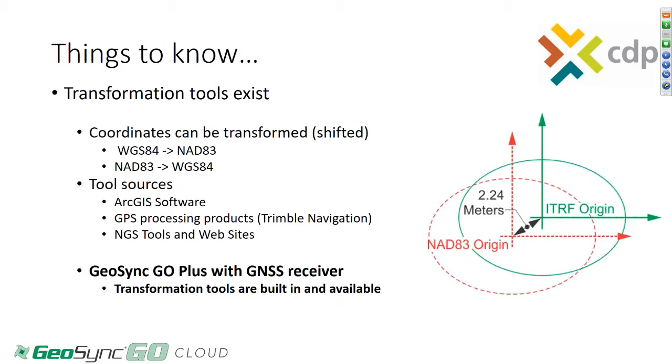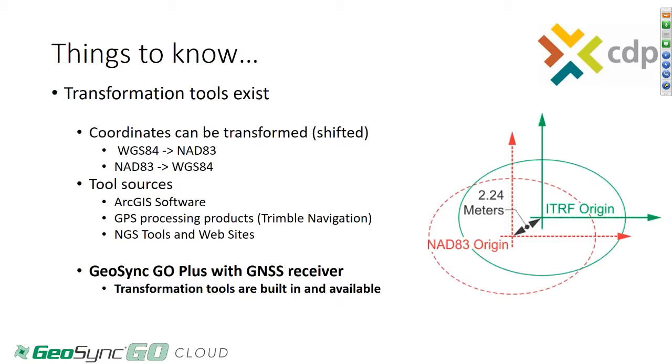GeoSync Go Plus, the tool that's part of the GeoSync Go Cloud, if you're using it with a GNSS receiver, there are transformation tools and workflows built in and available that can help manage that transformation. For example, if you're collecting data using the SBAS correction, which produces a WGS84 coordinate, and you need that in NAD83, there are tools in there that will do that behind the scenes and correct that position for you.